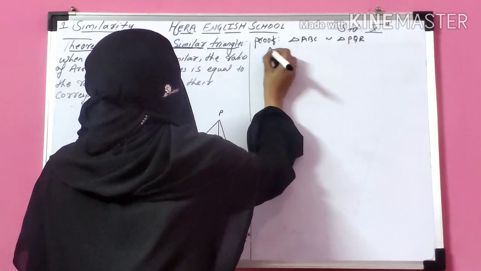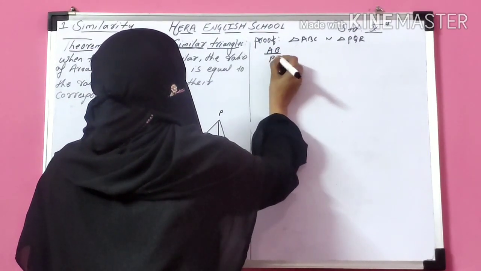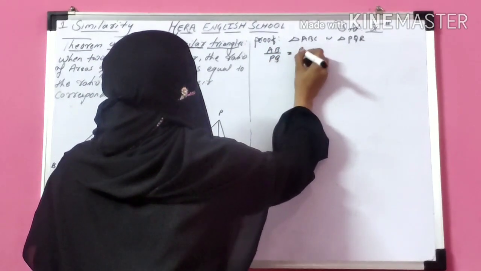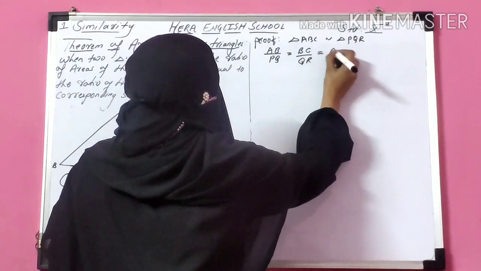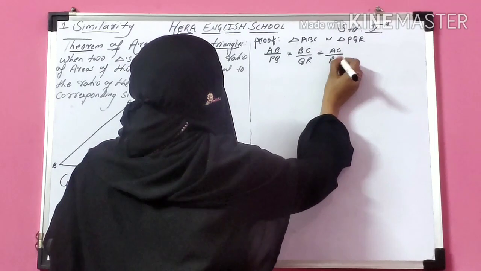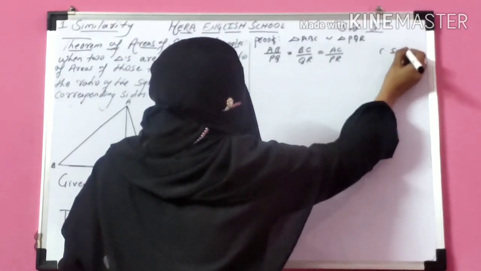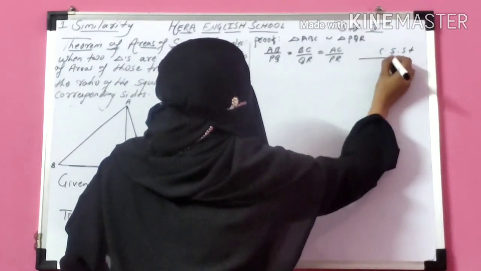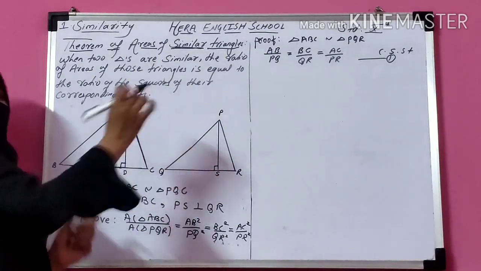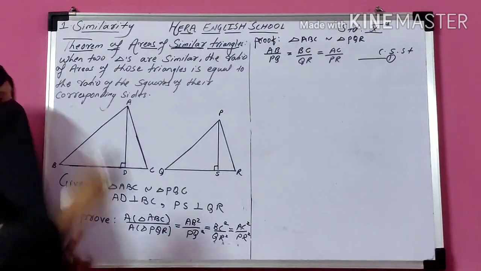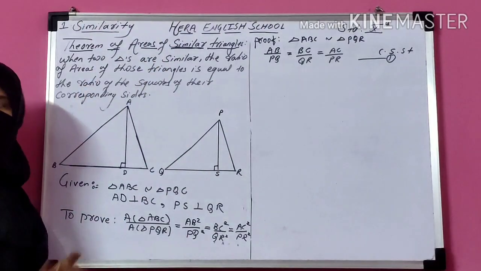Write the corresponding sides: AB upon PQ equal to BC upon QR equal to AC upon PR. Give it number 1. The reason is that these two triangles are similar, so corresponding sides are in proportion.